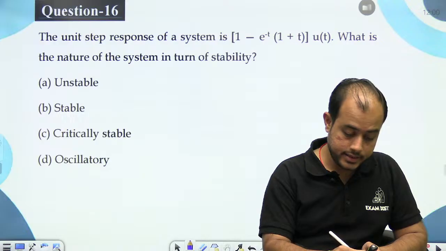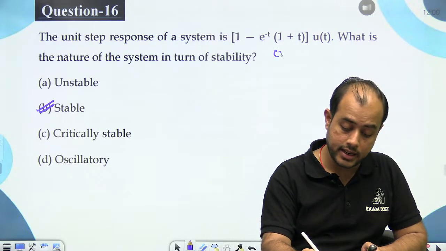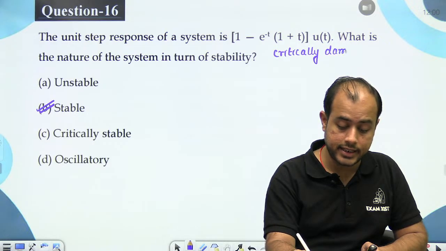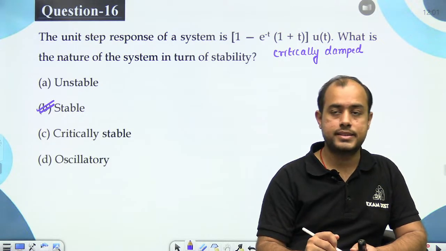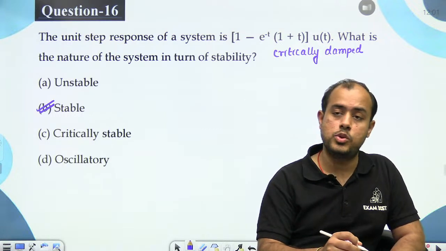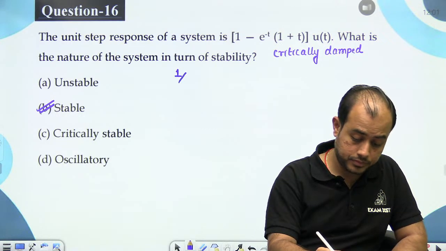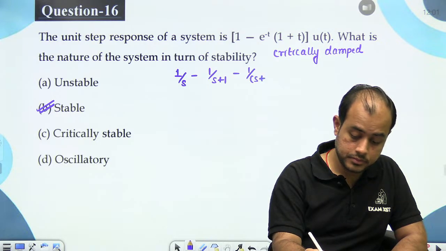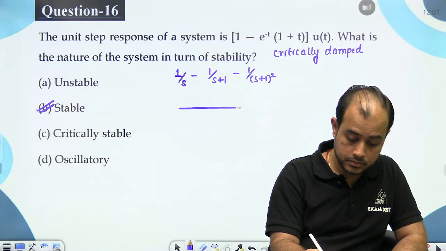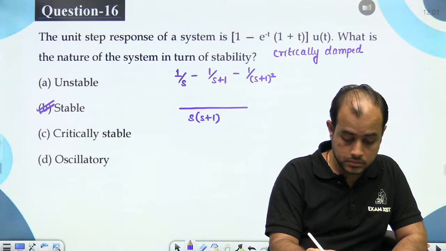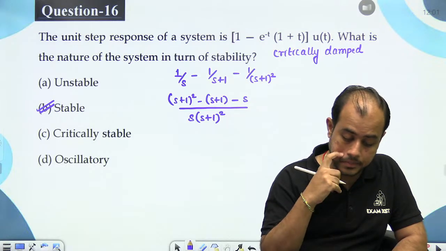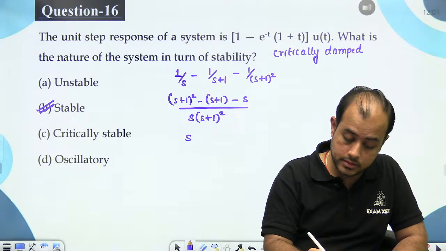So beta, this is stable. This is basically critically damped. Directly I can see this is critically damped, so it is stable. Otherwise, what you can do is take the Laplace transform. 1 by S. Okay, S plus 1 minus 1.